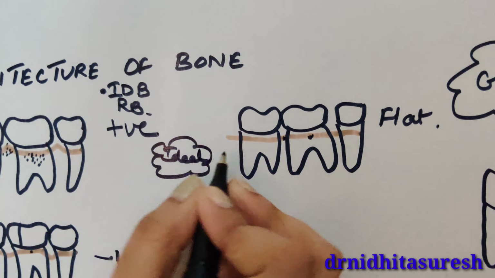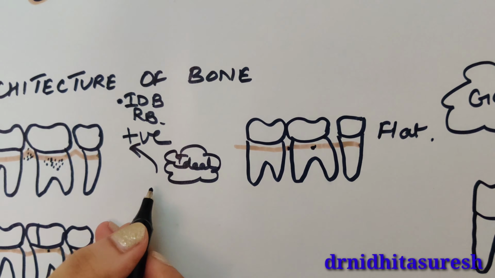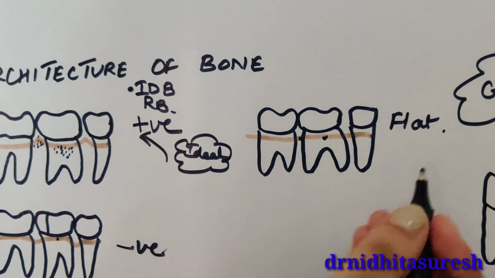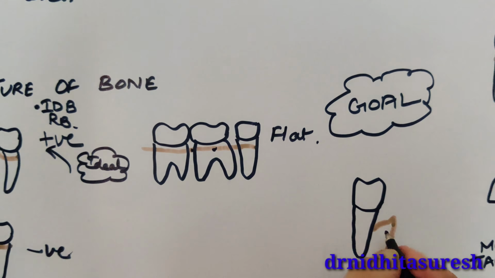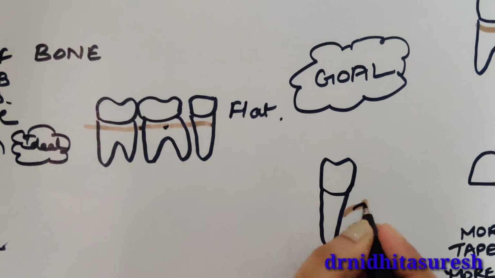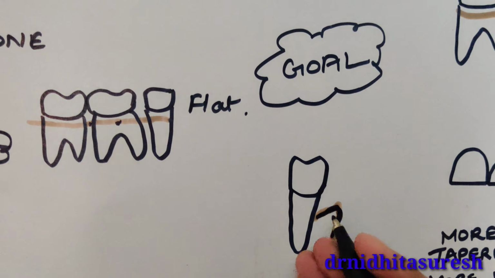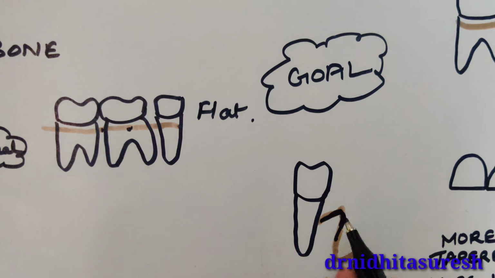Ideal architecture is nothing but a positive architecture, and we try to do resective osseous surgery to create a positive architecture. The main goal of resective osseous surgery is that you are trying to reshape the marginal bone to a level like how it was when it was undamaged by any periodontal disease.